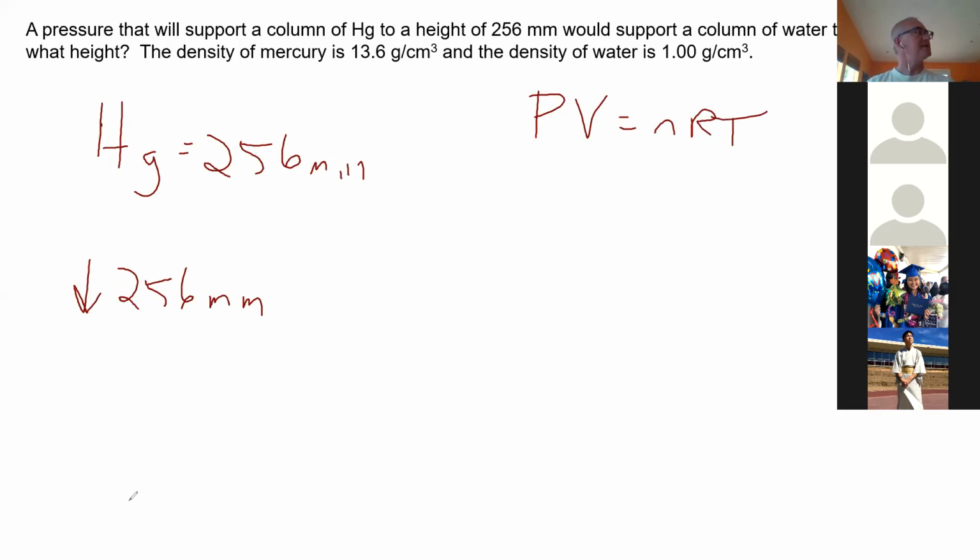Even though we're not dealing with gases, we can look at the relationship between pressure and volume. And that's basically what we're dealing with here, right? Because density is a function of volume and of the mass. So what is the relationship between pressure and volume? Inversely, right.